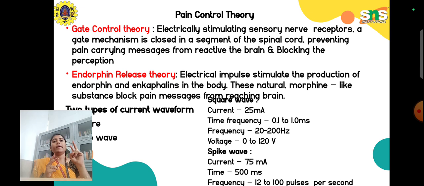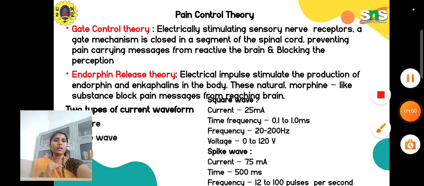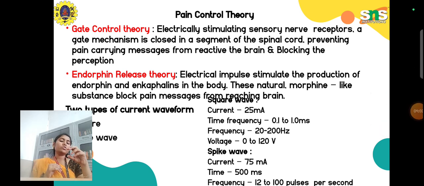There are two pain control theories we follow in the case of the nerve stimulator. One is the gate control theory and the second is the endorphin release theory. In the gate control theory, the sensory nerve receptors are stimulated electrically, so that the gate mechanism in the segment of the spinal cord is closed.